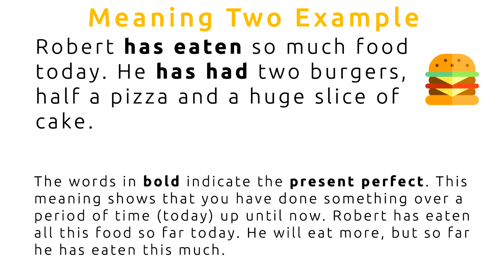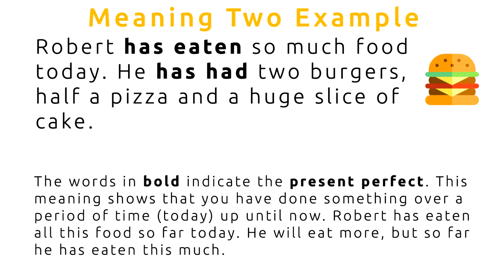This meaning shows that you have done something over a period of time. In this example, today, up until now. Robert has eaten all this food so far today. He will eat more, but so far he has eaten this much.